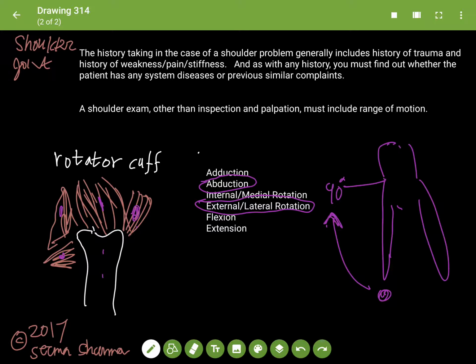From 0 to 15 degrees, you can isolate the supraspinatus. So up until 15 degrees of abduction, you have just the action of the supraspinatus, and after 15, it's the deltoid. So I'm going to write here supraspinatus and deltoid.